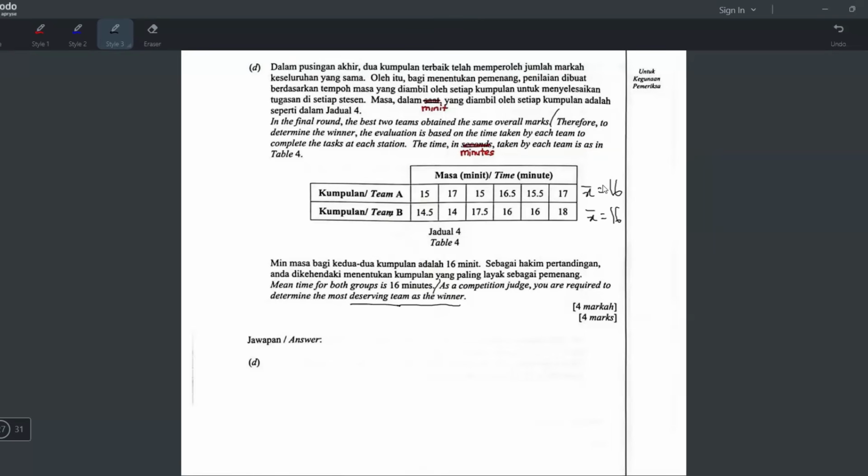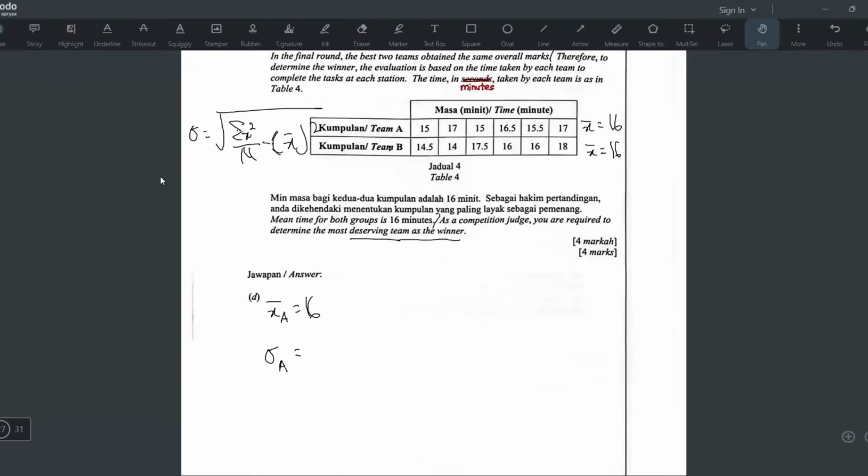Okay, so let's find out the standard deviation for team A. Before I find the standard deviation of team A, I need the mean for team A first. The standard deviation formula is the square root of sum of x square over n minus mean square, since there is no frequency. In other words, you have to have the mean first, and it's 16, right?